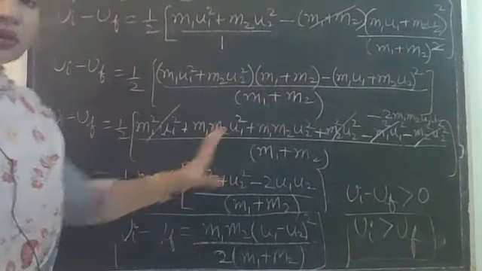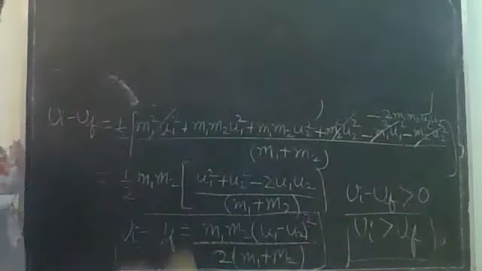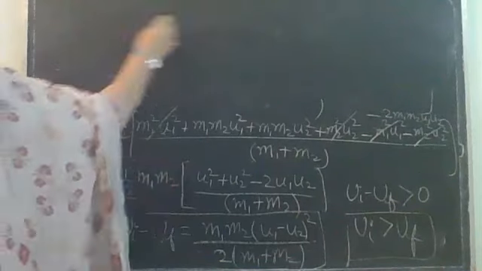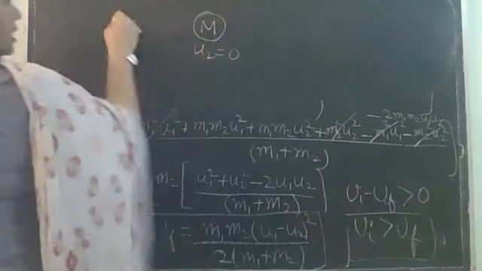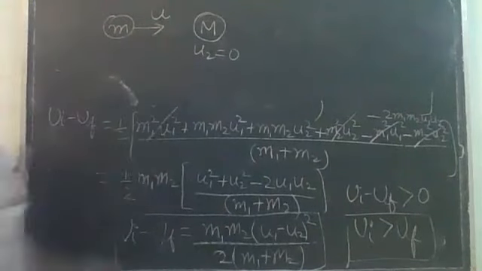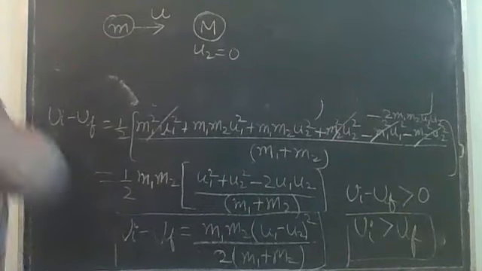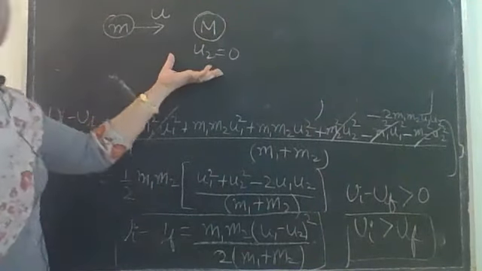Okay, the same situation is there. Just they are saying that the capital M object is at rest and it is struck by this object moving with certain velocity, let us say u. Okay, same kind of situation, somewhat simpler because the second object was at rest.